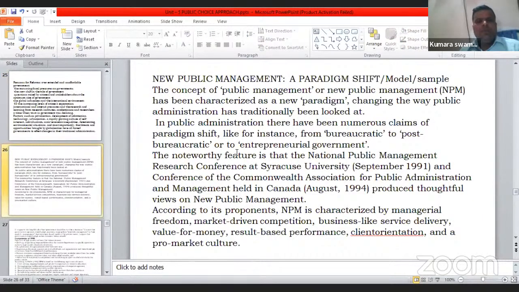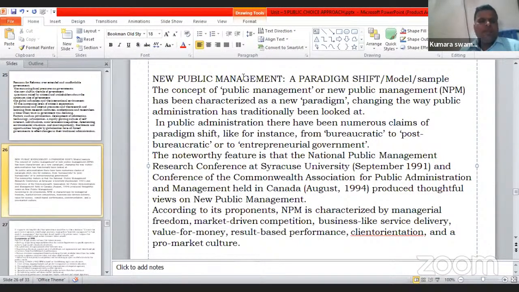And next, new public management as a new shift, a new paradigm for governments. New public management is especially focused on management, and it has been characterized as a new paradigm. A paradigm is nothing but a sample, a model. So NPM is a new model.